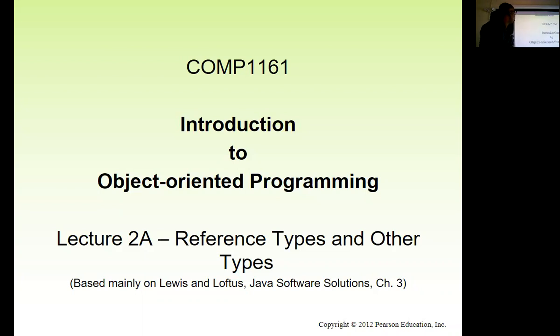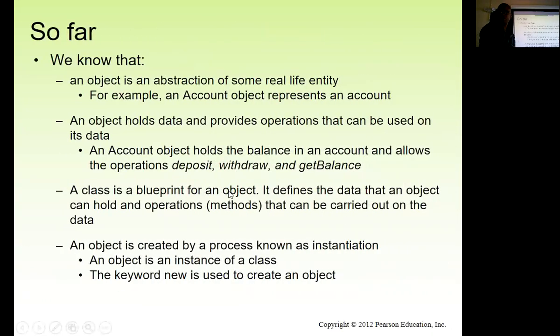All right, so quickly, let us recap where we are, what we already know from our last lecture, or from the work that you were supposed to also do between our last class and now. So an object is an abstraction of some real entity, and we said last week that we can take something that exists in the real world and represent it on a computer, all right?